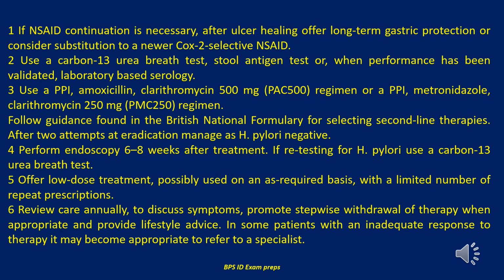Offer low-dose treatment, possibly used on an as-required basis, with a limited number of repeat prescriptions. 6. Review care annually, to discuss symptoms, promote stepwise withdrawal of therapy when appropriate and provide lifestyle advice. In some patients with an inadequate response to therapy, it may become appropriate to refer to a specialist.